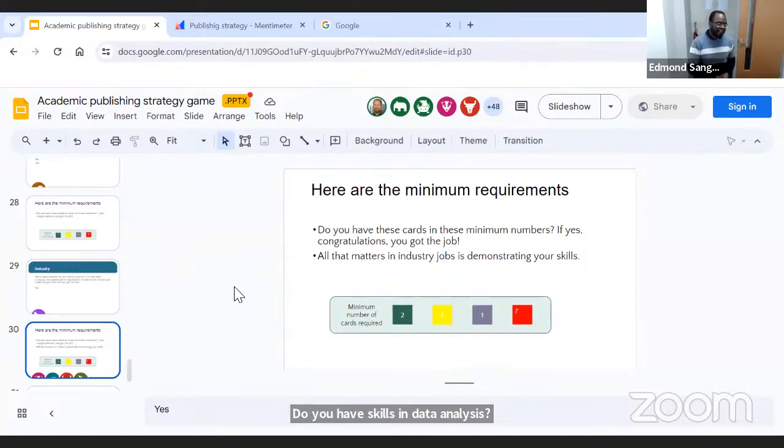Do you have skills in modeling? All those different aspects of technical skills. That's where research articles come in. Whereas reviews, really, they just demonstrate your ability to synthesize the information that is available to you. Is it valued for a postdoctoral position, which we know are more technical positions where you have to demonstrate your technical skills?